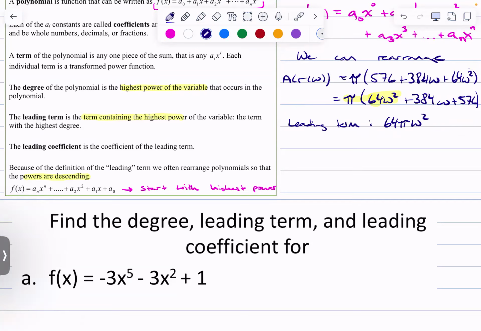From that leading term, the leading coefficient is anything that's not w squared, 64 pi. And then finally, the degree of this polynomial must be 2, right? The highest power of w.